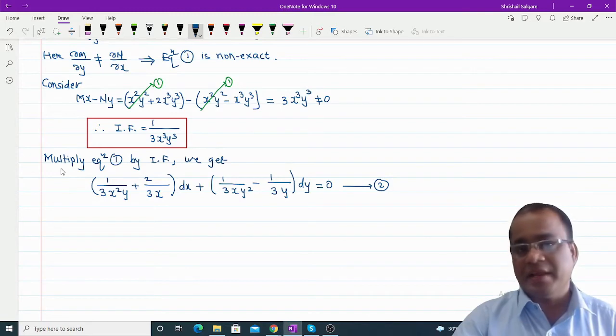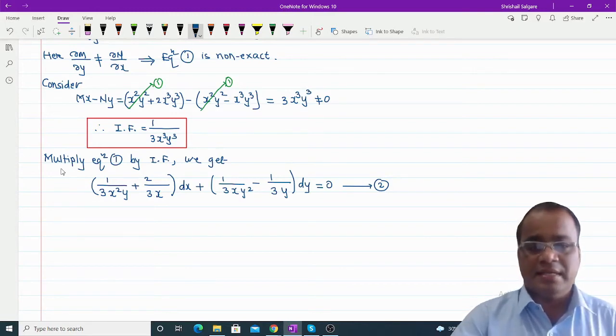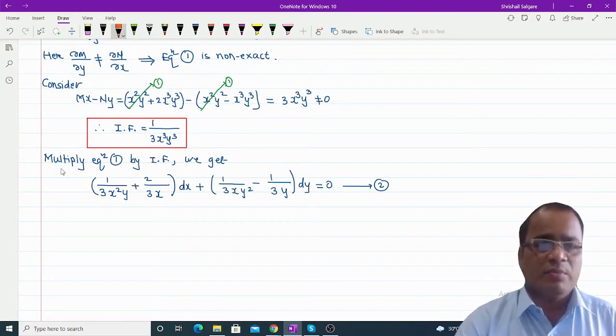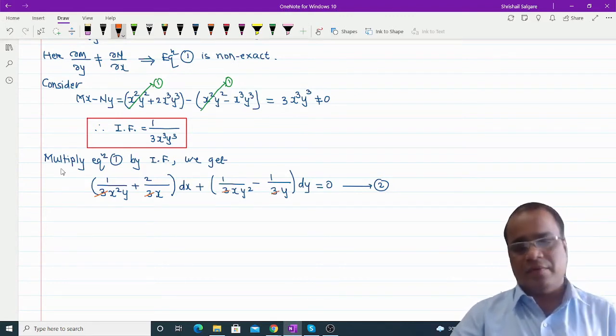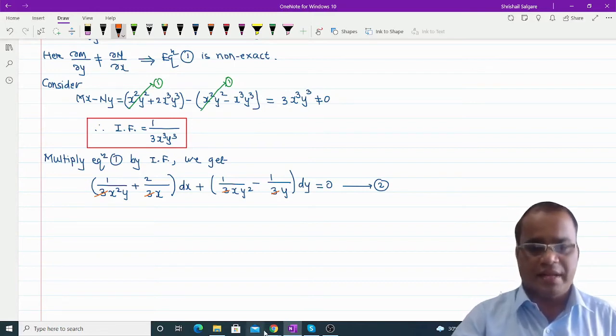As per the theory, as per the result, it is clear that the new equation is exact. Only thing is that you can multiply the equation by 3. That means you can cancel that 3 everywhere. You can multiply the whole equation by 3. So on the left side it cancels 3 everywhere, and on the right side 3 into 0 is 0.